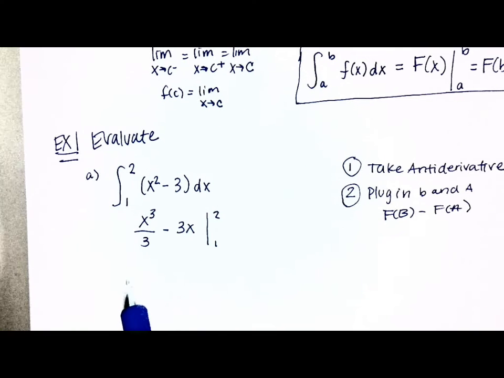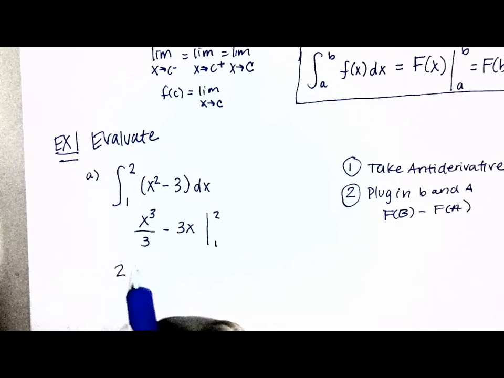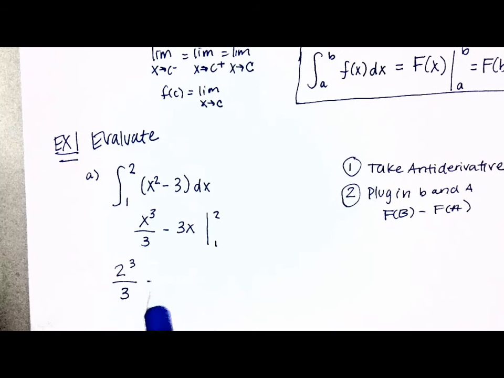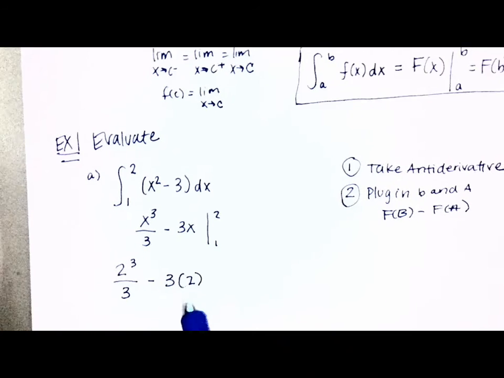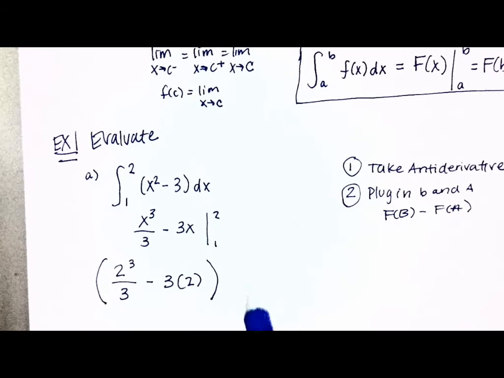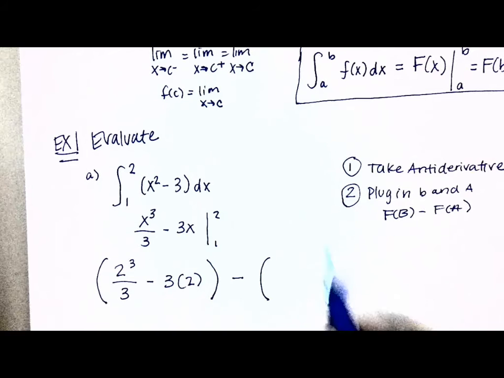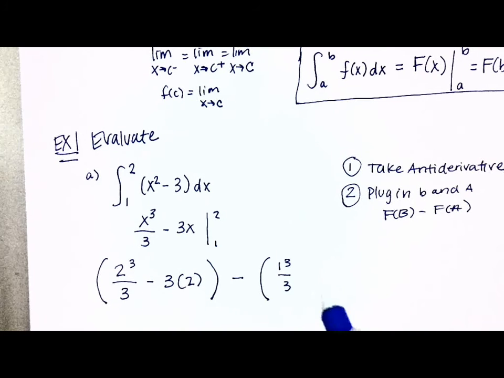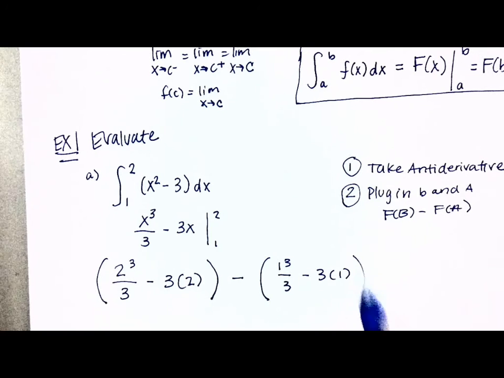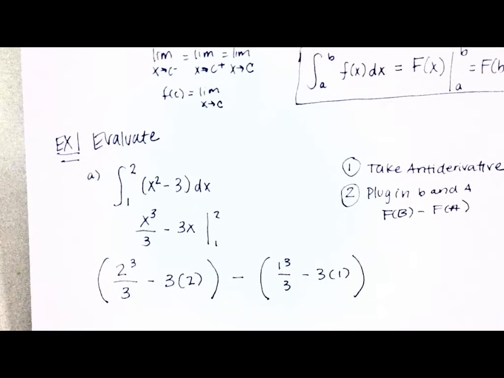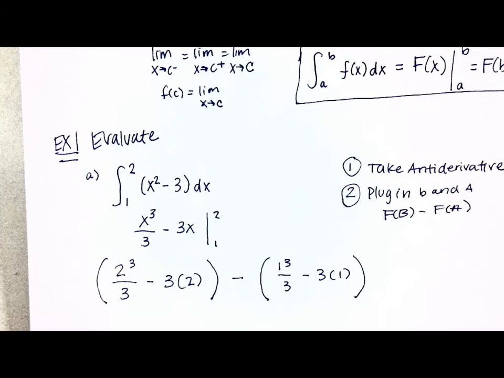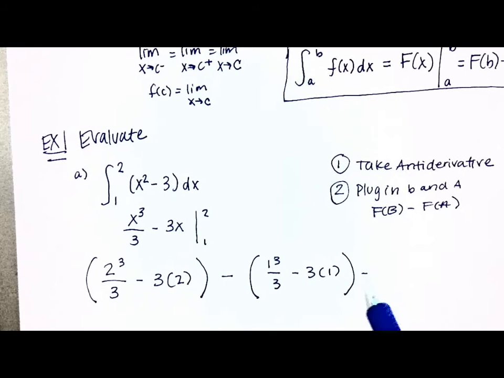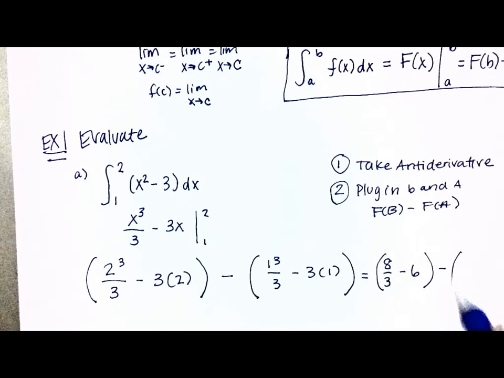So here we go. 2 cubed over 3 minus 3 times 2 minus 1 cubed over 3 minus 3 times 1. That equals 8/3 minus 6 minus 1/3 minus 3.